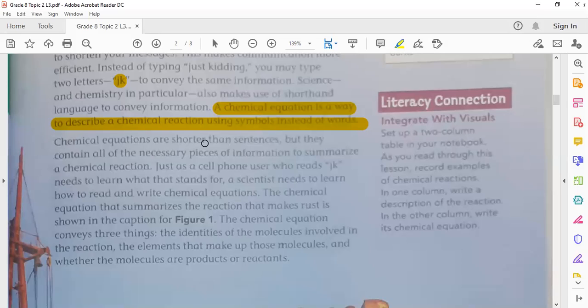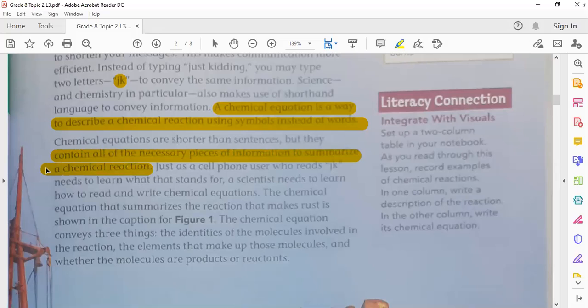Chemical equations are shorter, of course, than sentences, but they must contain all the necessary information to summarize a chemical reaction. By looking at the chemical equation, you can find everything about the reaction. For example, you can find the reactants, the products, the energy that is released, and whether there are catalysts or not.